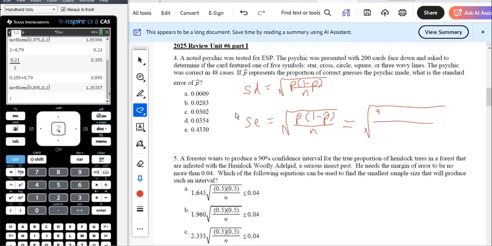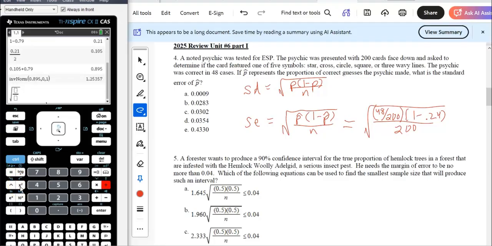So for standard error, we're going to go square root of, I guess p hat would be 48 out of 200. I guess I could have said 24%. That would have been easier. Times 1 minus, I'm just going to call it 24%, so 1 minus 0.24, all over n, which is 200. So I think this should work. Let's see. So we get square root of a fraction.